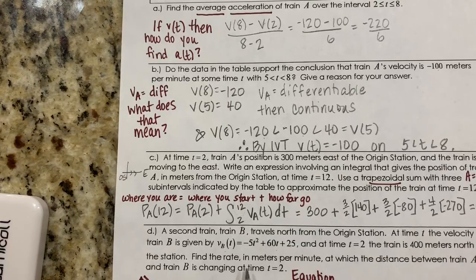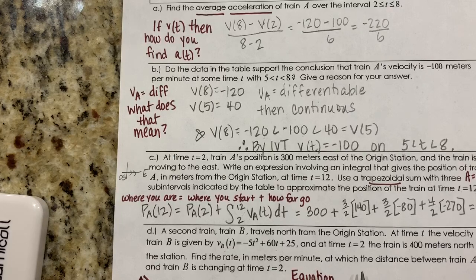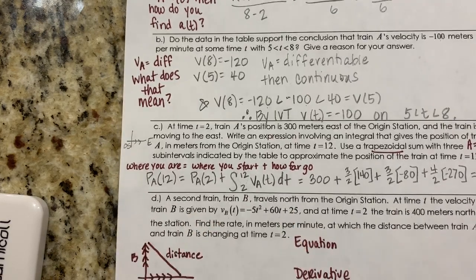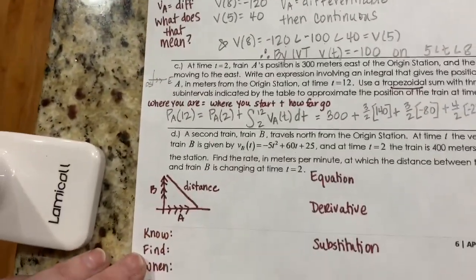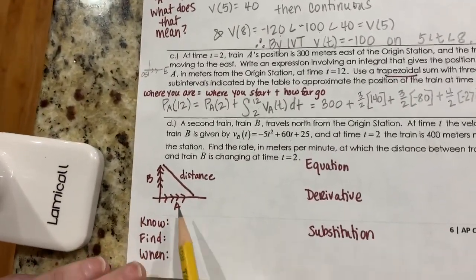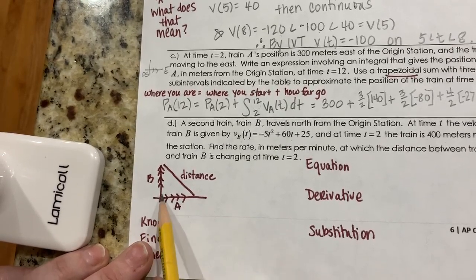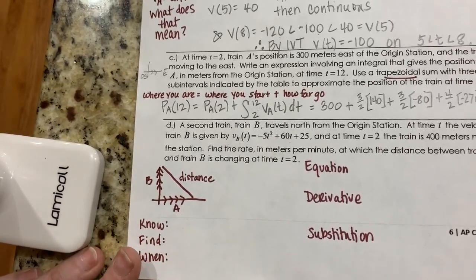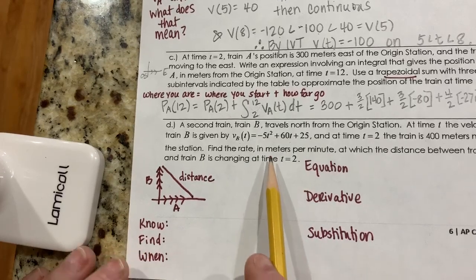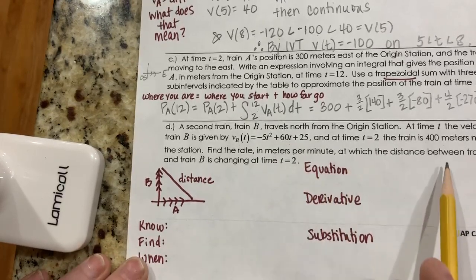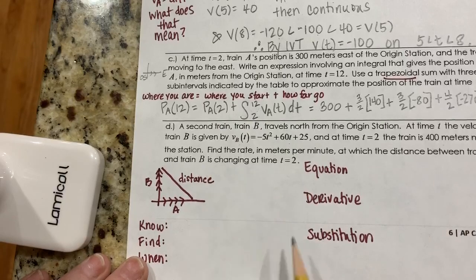Find the rate in meters per minute at which the distance between train A and B is changing. So train B is traveling north. So I drew a little picture here. So we had our train that was going east-west, and now we have a train that's going north. Find the rate in meters per minute at which the distance between train A and B is changing.